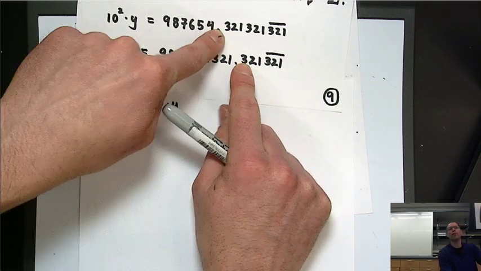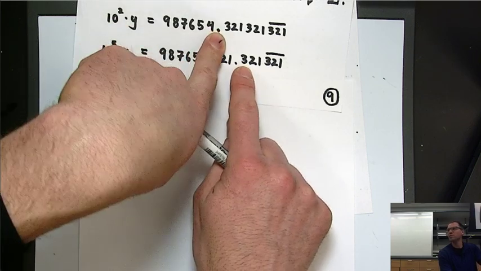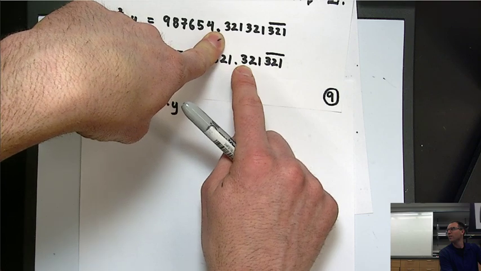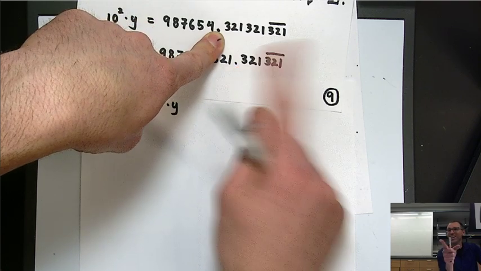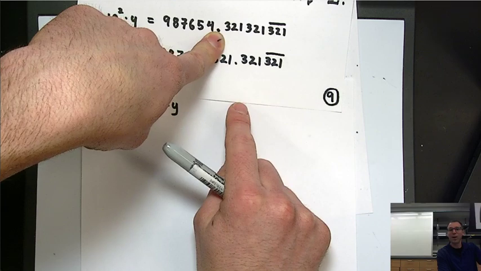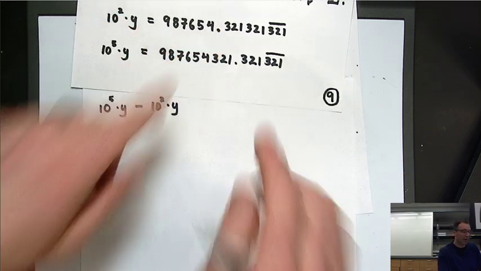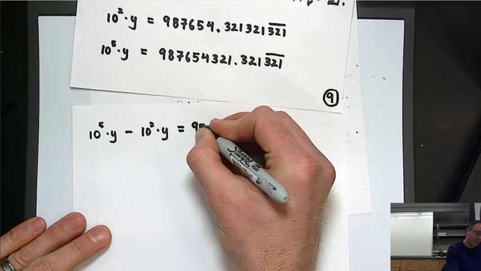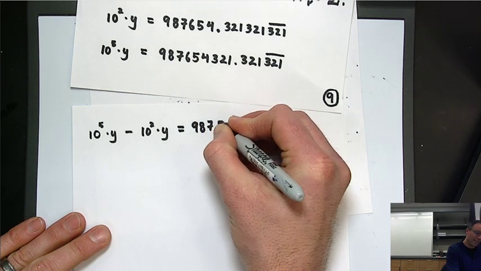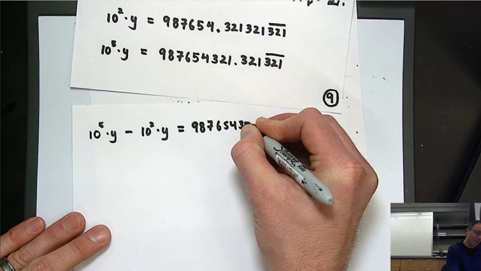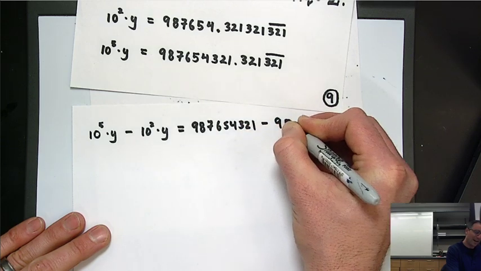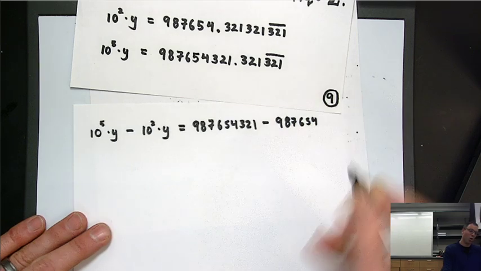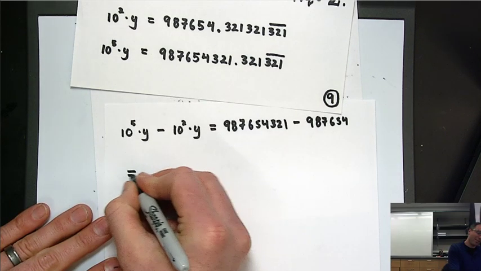Use the phrase fractional part. Say it again. Fractional part disappears, right? And what are you left with? 9, 7, 6, 5, 4, 3, 2, 1 minus 9, 8, 7, 6, 5, 4. What does that immediately mean about y?